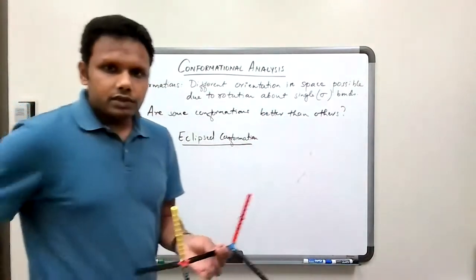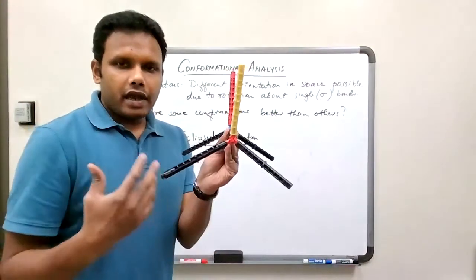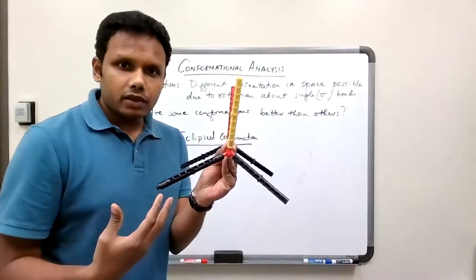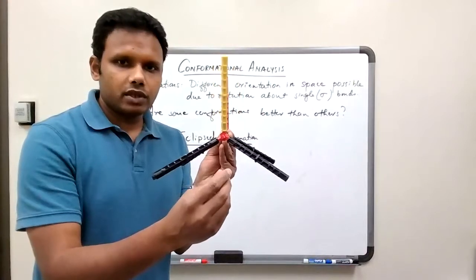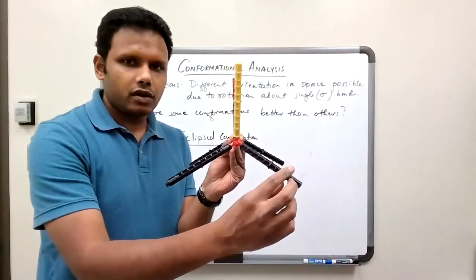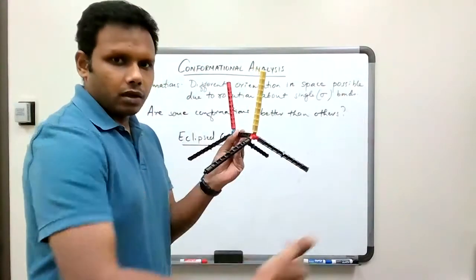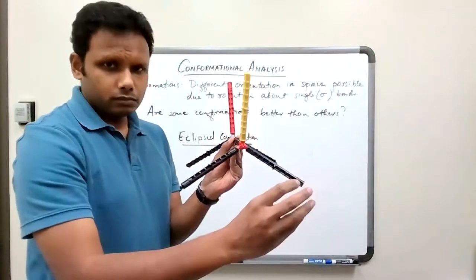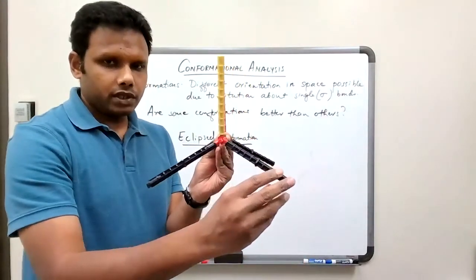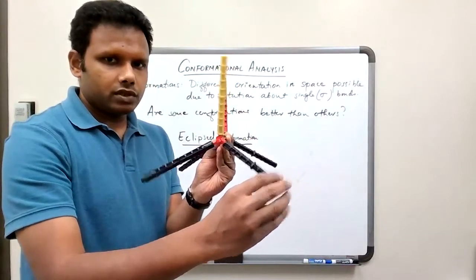And there's another conformation possible where they are as far apart from each other as possible. So if we start with this eclipsed conformation and I start rotating this front carbon in the clockwise direction, the yellow and the red move away from each other a little bit.